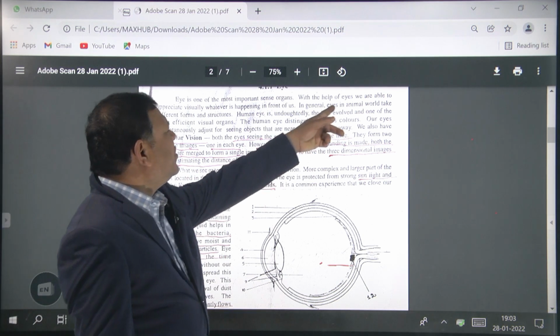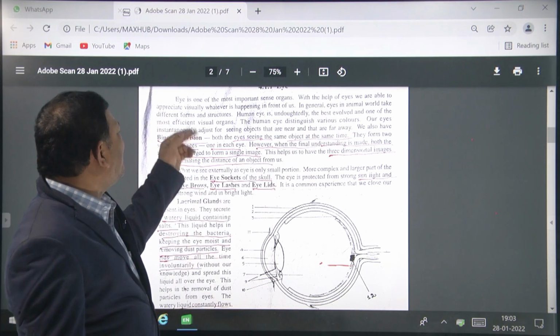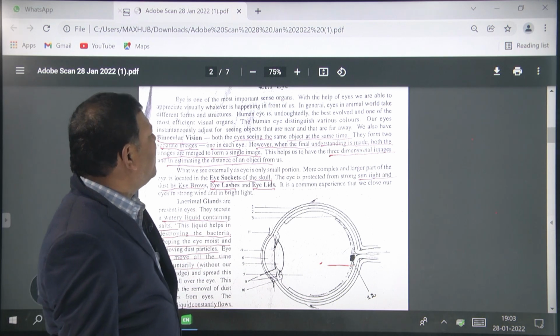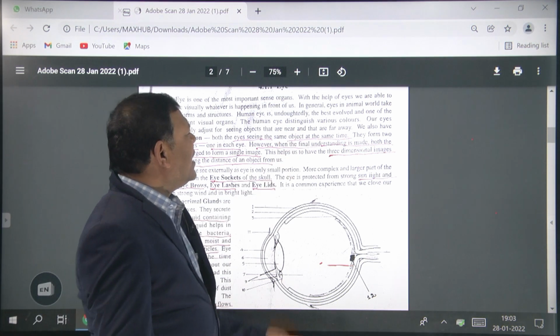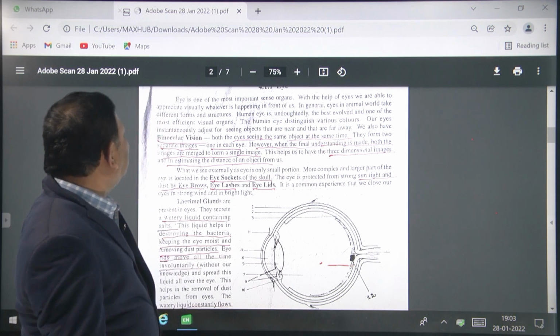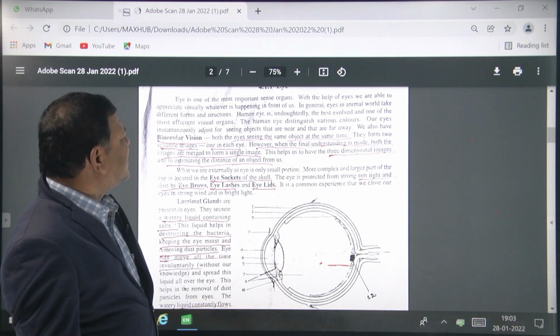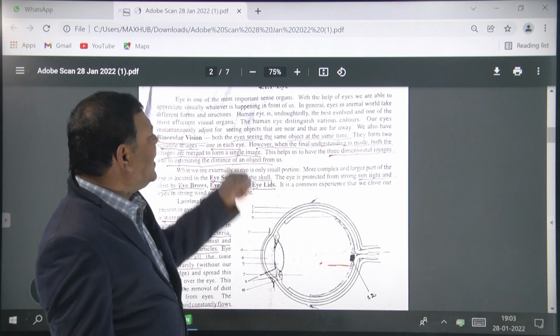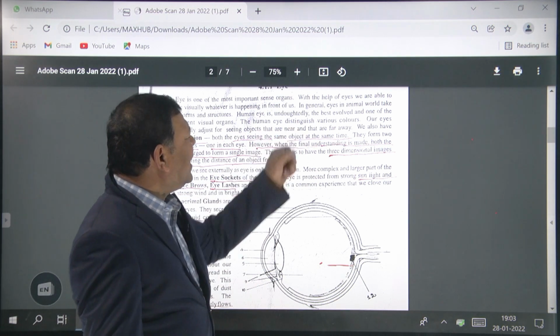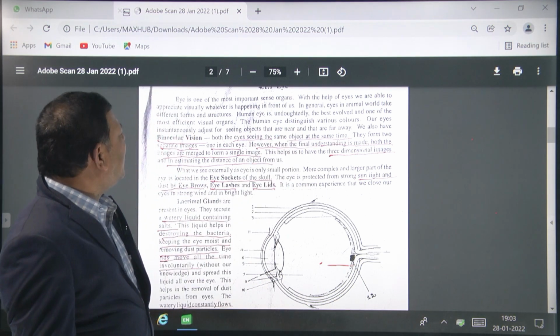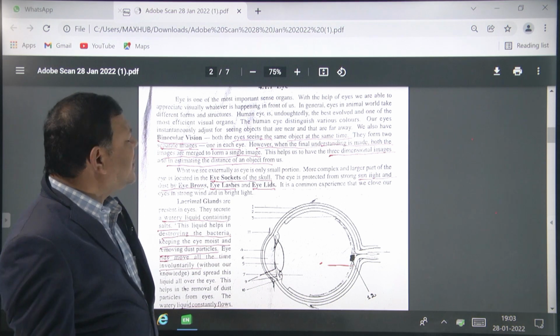In general, eyes in the animal world take different forms and structures. The human eye is undoubtedly the best evolved and one of the most efficient visual organs.